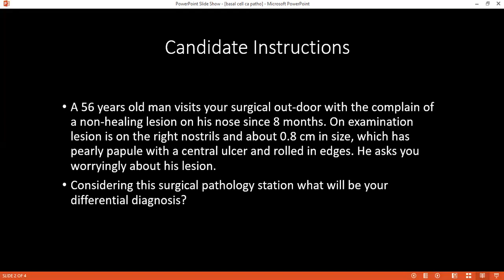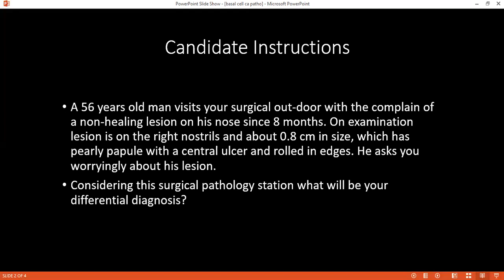Then they get arrested or trapped in the capillaries or lymphatics of any distant organs. Then there is permeation and penetration of the lymphatics or blood vessels, followed by survival and growth of the tumor cells within that organ.